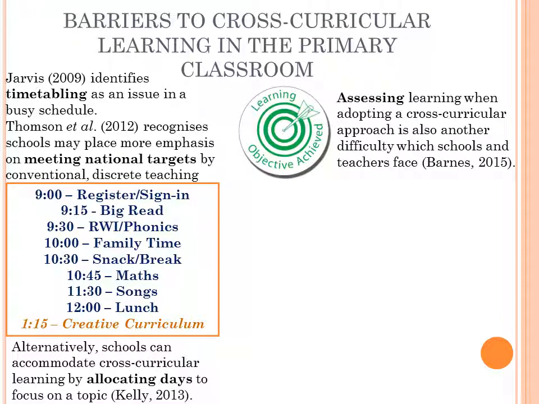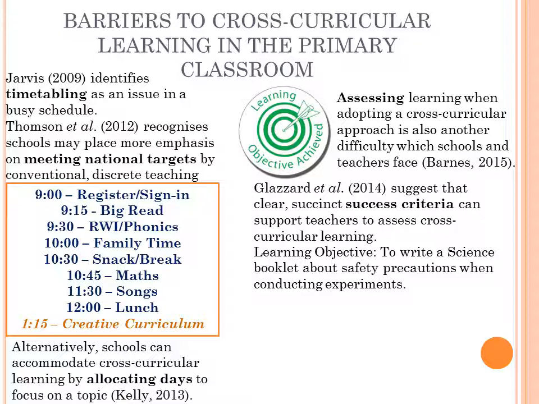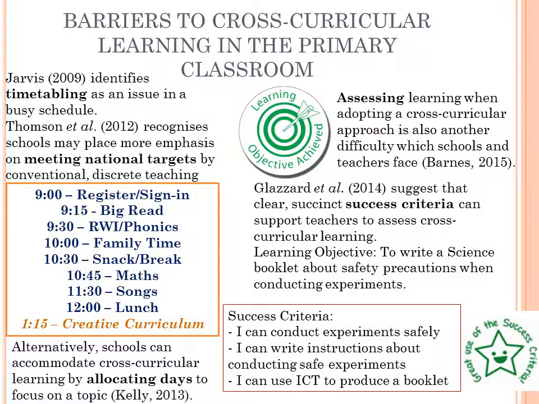Assessing learning when adopting a cross-curricular approach is also another difficulty which schools and teachers face, as suggested by Barnes 2015. Glazzard et al. 2014 suggests that clear, succinct success criteria should support teachers to assess cross-curricular learning. For example, the learning objective of a project is to write a science booklet about safety precautions when conducting experiments.